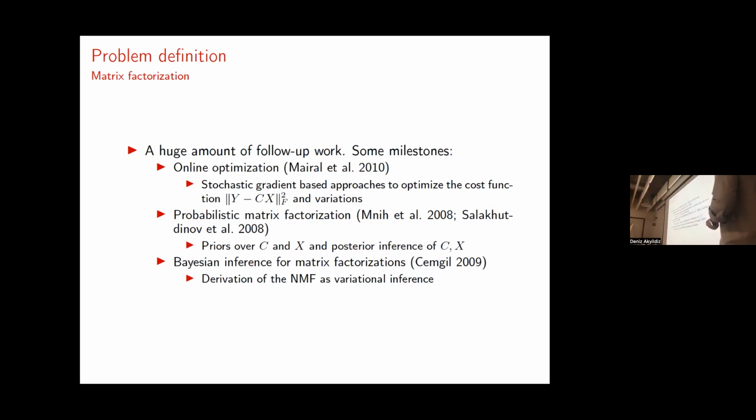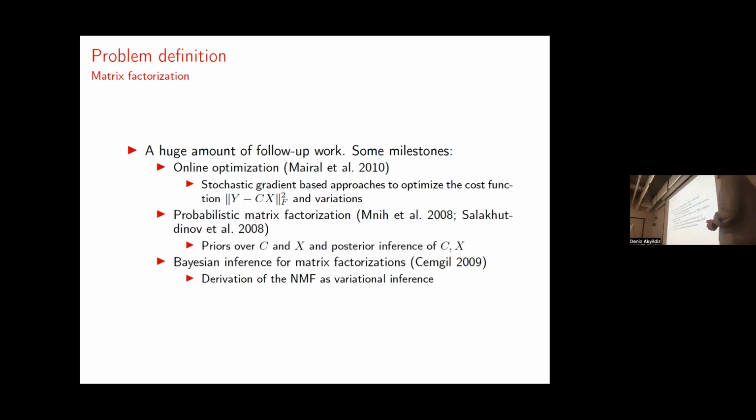So you can just write a probabilistic model and then put priors on C and X. For example, the simplest version of this, in this paper, they just put IID Gaussian priors on every entry. Then you can try to do posterior inference. You can sample from the posterior of C, the posterior of X, and you can sample also from the predictive distribution in order to predict an entry. Arguably in this case, you would have some uncertainty around your estimates.